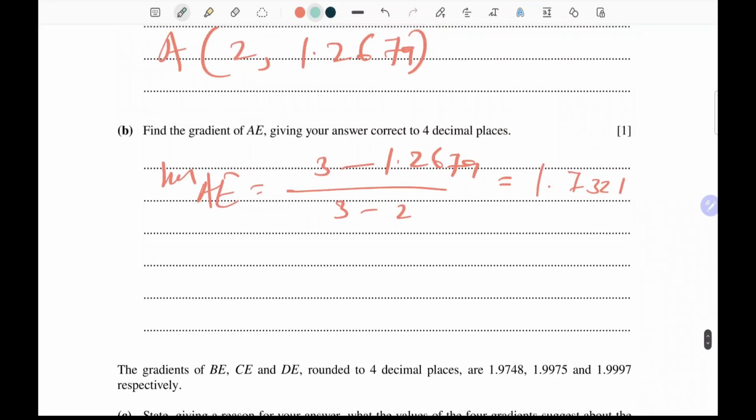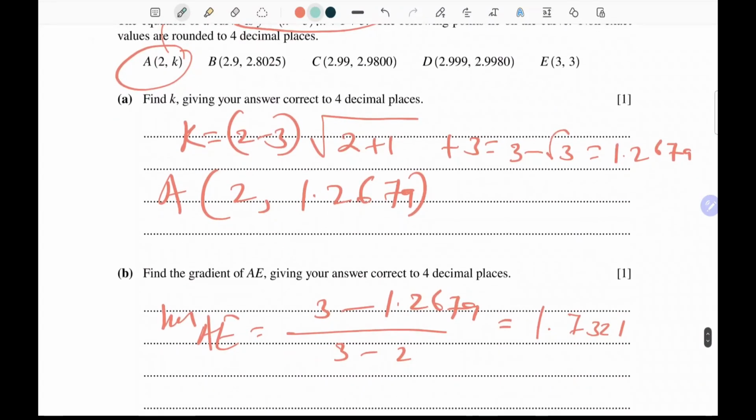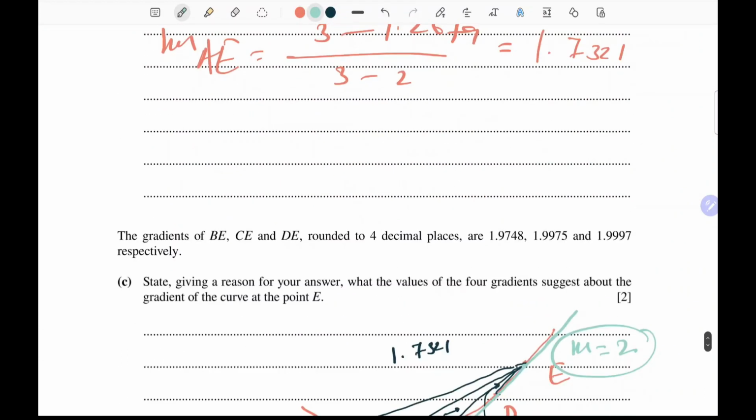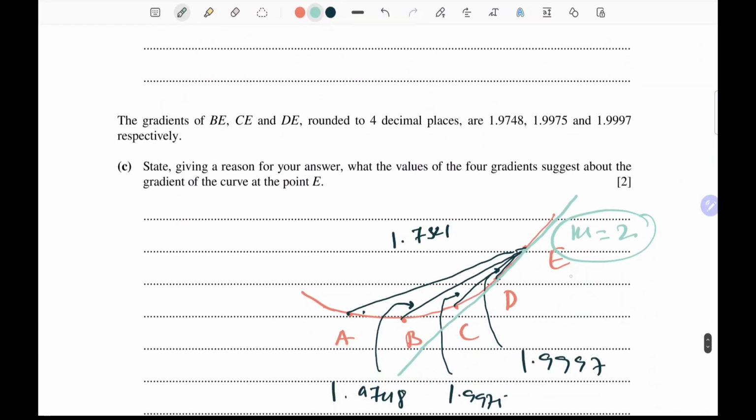By the way, what are the coordinates of A, B, C? The x coordinate of A is 2, then 2.9, 2.99, and so on. It is getting closer to point E, whose x coordinate is 3. So as you move your points closer to 3, your chord will become a tangent, and that tangent will have gradient 2.